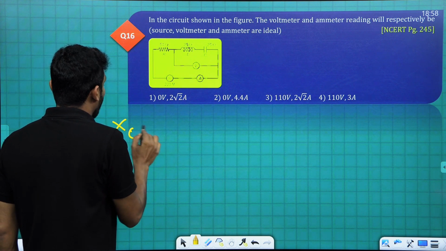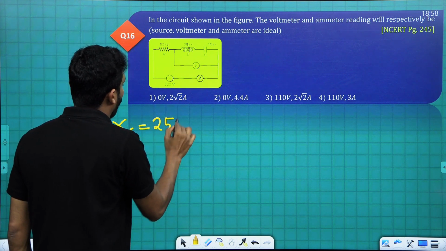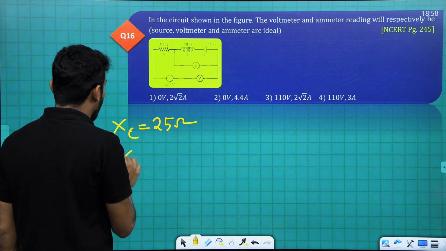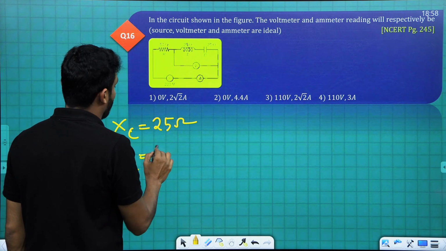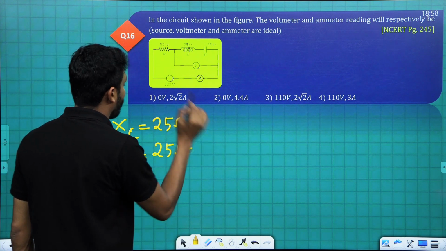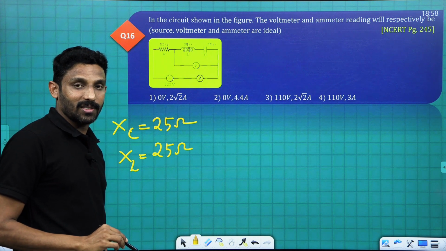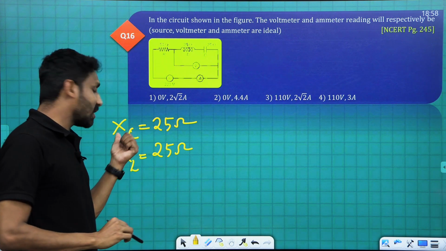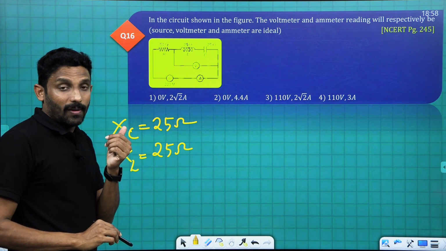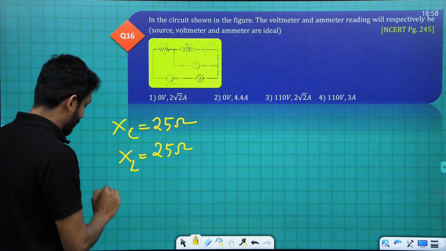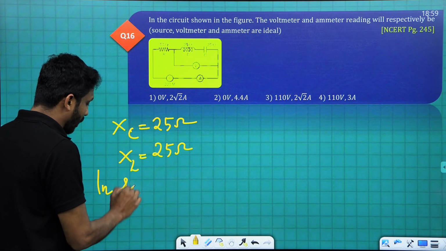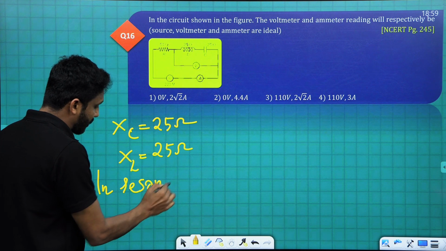That is, XC is given as 25 ohm. And the inductor has reactance XL, that is also 25 ohm. What do we understand from this? Since XC and XL are equal, this circuit is in resonance, isn't it? The circuit is in resonance.